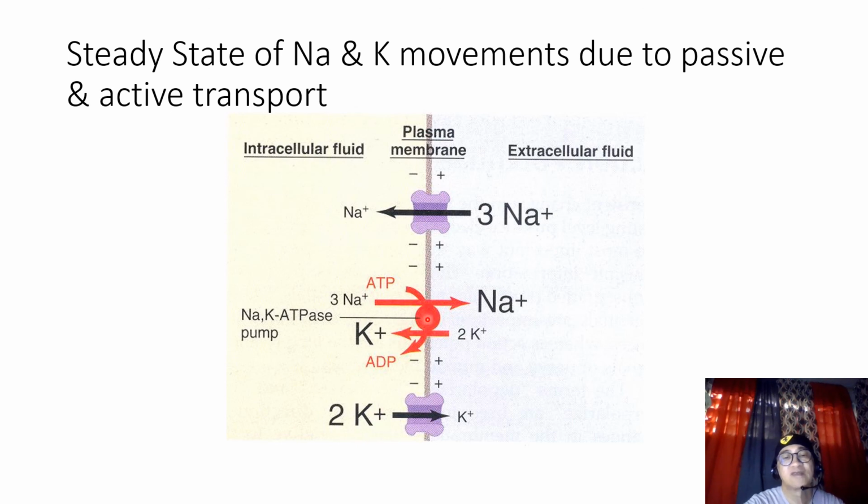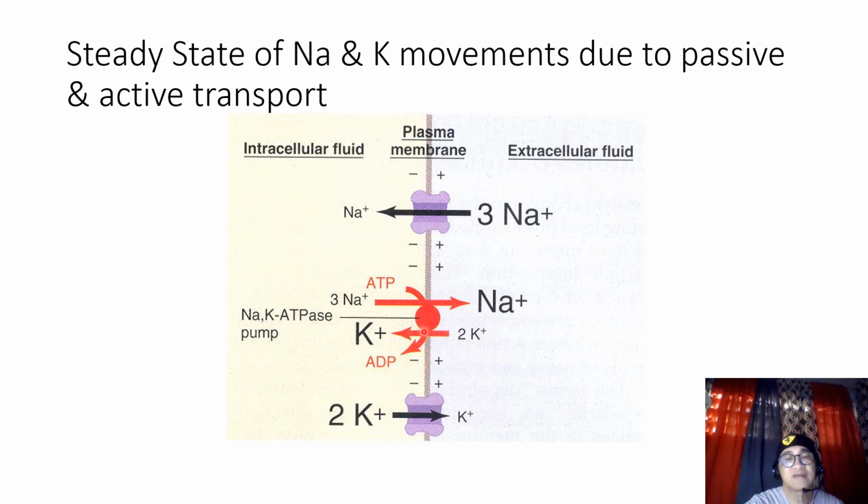This sodium-potassium pump usually pumps 3 sodium ions out of the neuron and into the extracellular fluid as it pumps 2 potassium ions from the extracellular fluid back to the intracellular fluid. This helps maintain the separation of ions across the membrane.